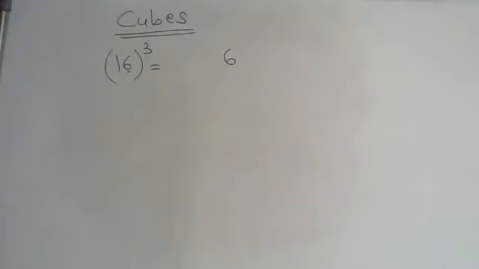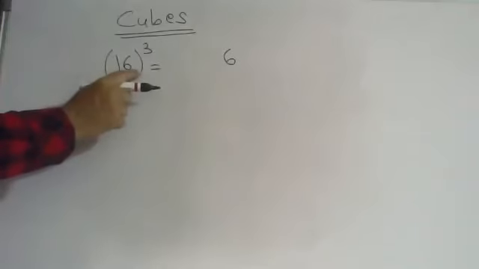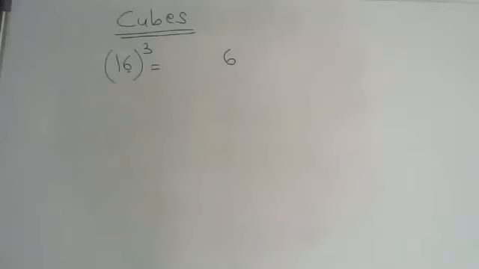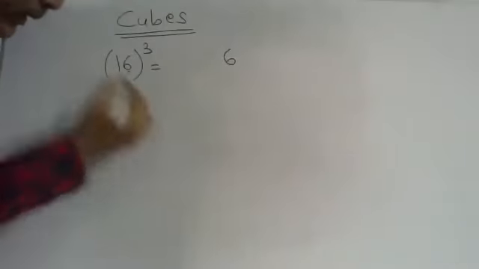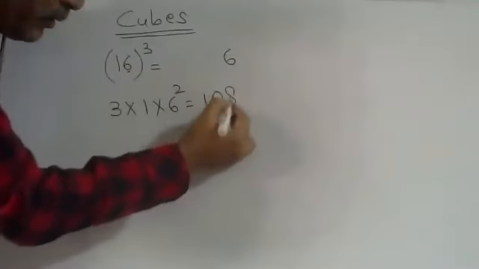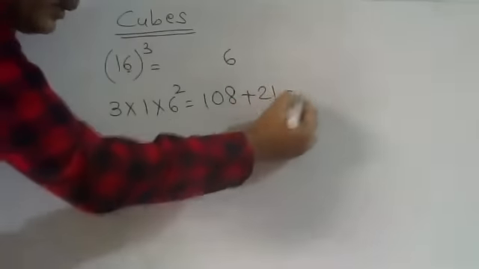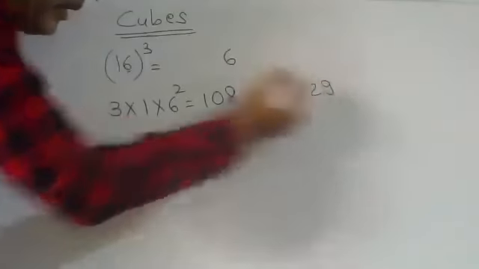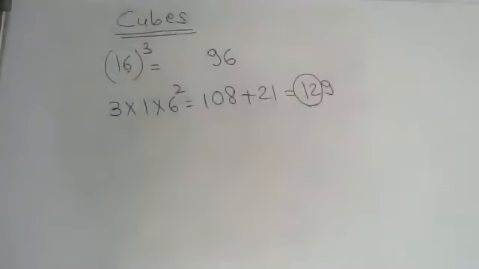Carry 21. 3 into a into b square is 108 plus 21, which is 129. I will write 9 here, carry 12.